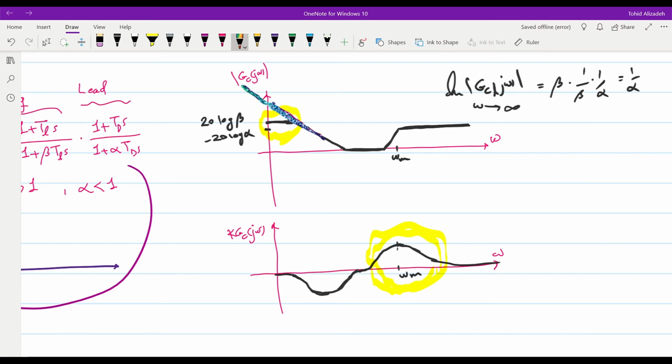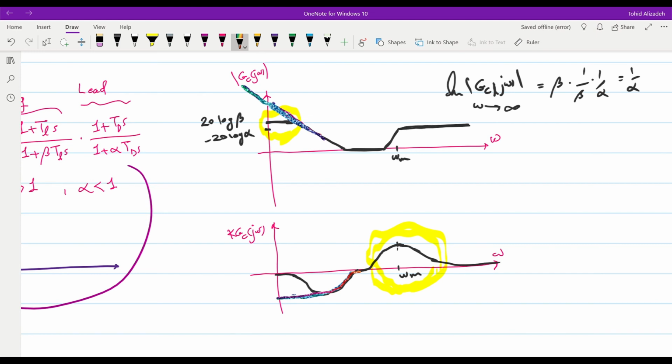That will be the main difference. And eventually, the frequency response of the two would look similar to each other. And in terms of the phase, we will start from minus 90 and go towards 0 at some point. So this will be the main difference between the practical PID and the lead lag compensator.